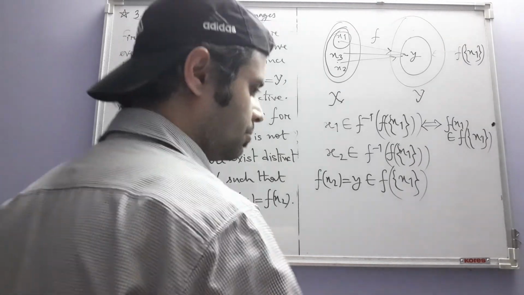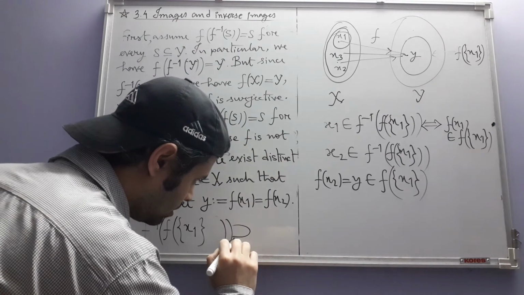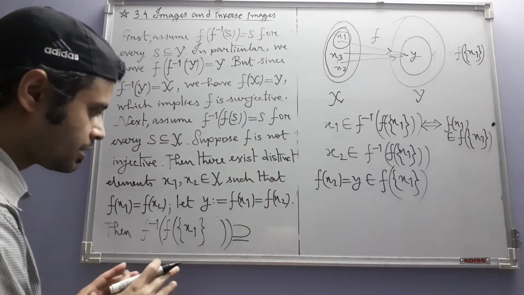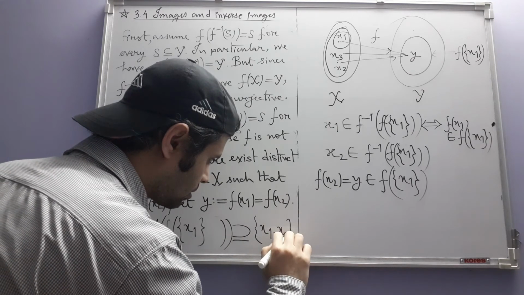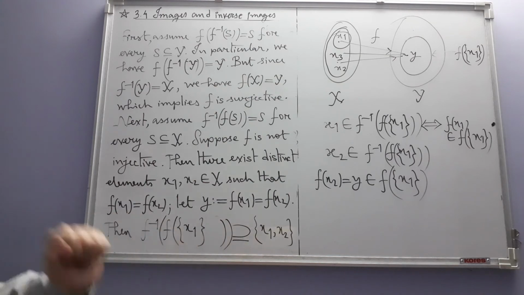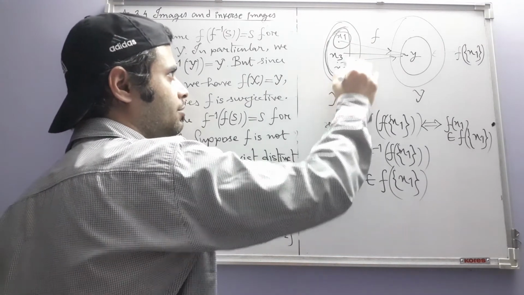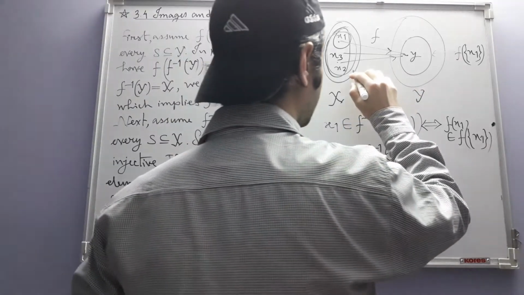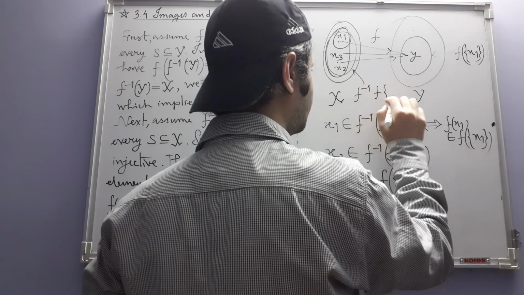So now what can we write? If I write this is a superset of {x1, x2}, does it make sense? It makes sense because this is the entire inverse image, f inverse of f of x1.